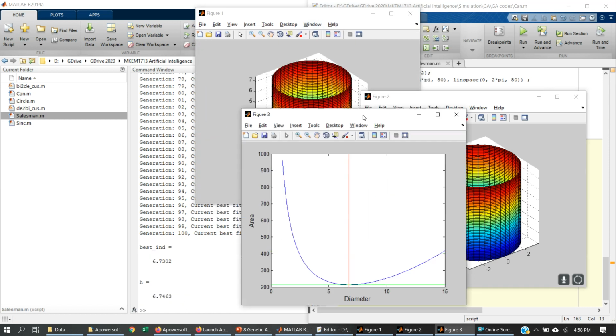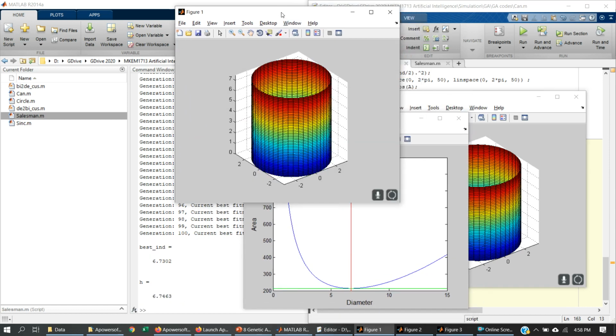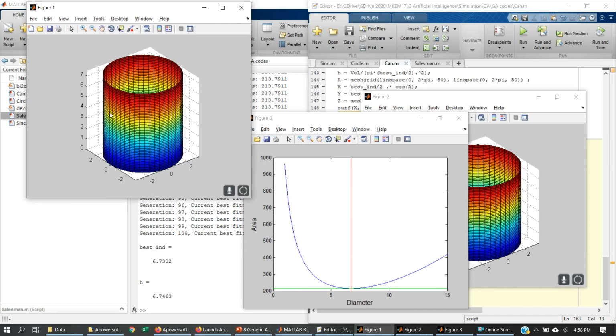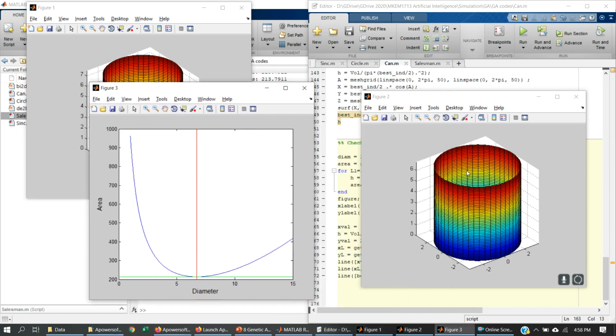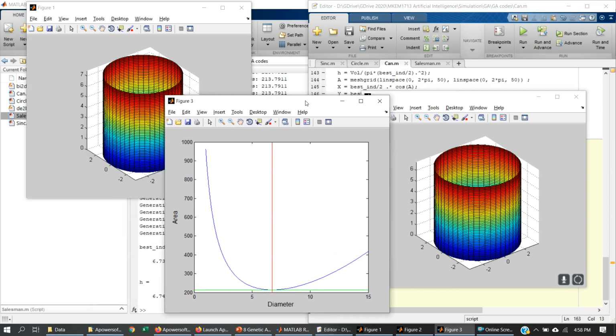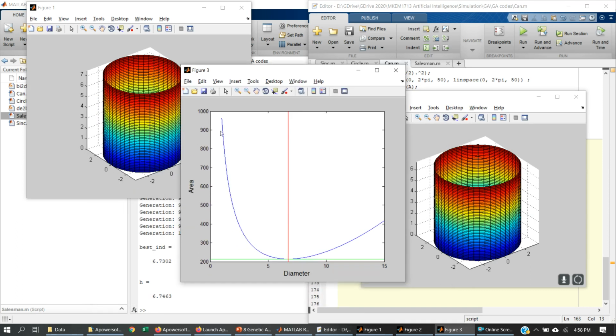Anyway, this is the best can, or the cheapest can, we have in generation 0, and this is the best can, or the cheapest can, that we produced. This is a curve of area versus diameter, because we have the equation and it's a simple equation.